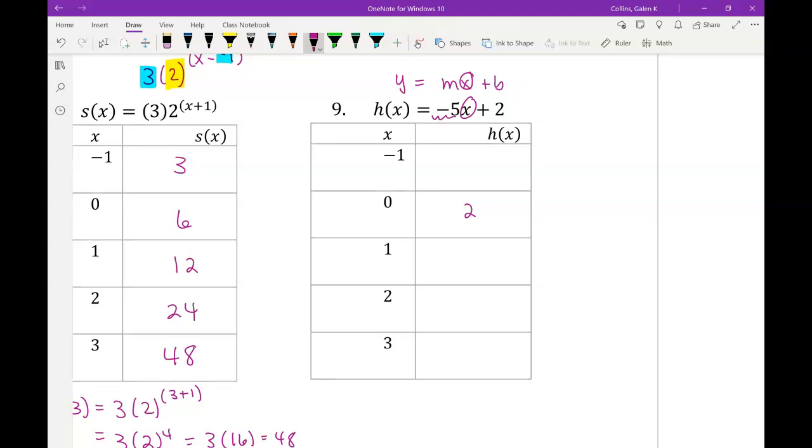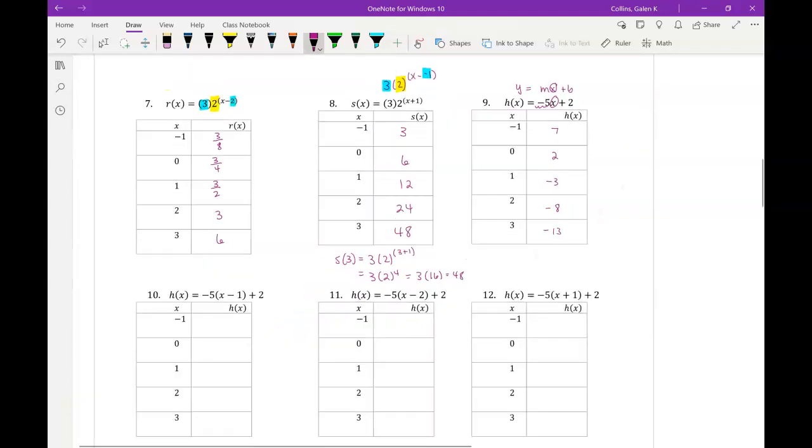So I'm subtracting 5 as x increases by 1. So 2 minus 5 is -3, minus 5 is -8, minus 5 is negative... Man, my brain just like stopped working for a second. Is what, -13? And then if I were to work backwards, this would have to be a 7 here.